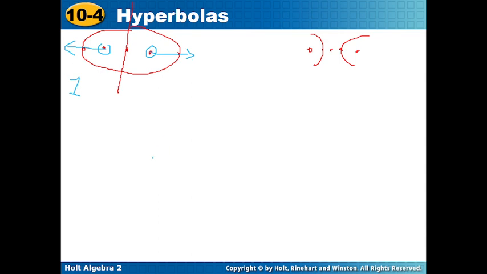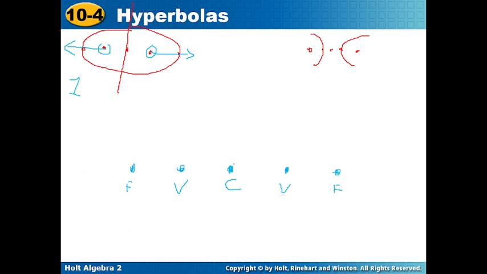If this is your center, this is your vertex, and this is your foci. I will be writing, this is your center, these are your vertices, and these are your foci.